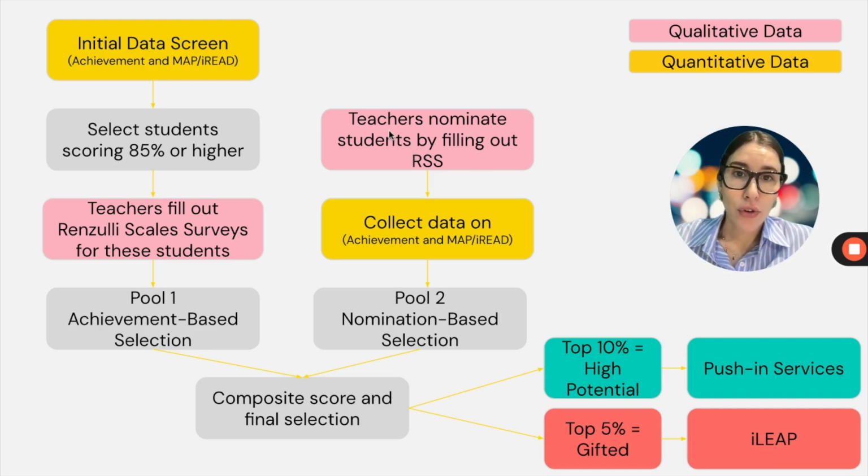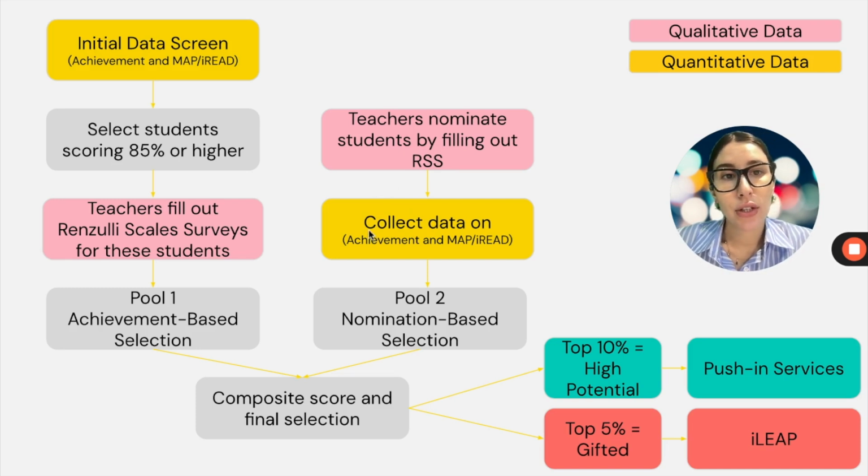To allow those students to also have a voice, we have the second pool of students, which are nominated by the teachers. Teachers have the ability to nominate a student by filling out a Renzulli scale survey for whatever student they feel deserves to be in the program.